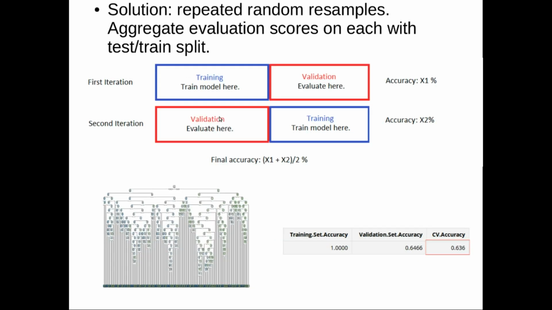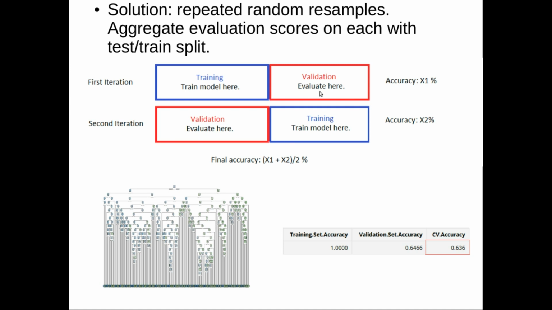The solution is to do essentially repeated random resamples, and then aggregate the evaluation scores on each with, once again, the train test split philosophy. So for example, our first iteration could be something like this, where we split the data roughly down the middle, and we train a model here, evaluate a model here.